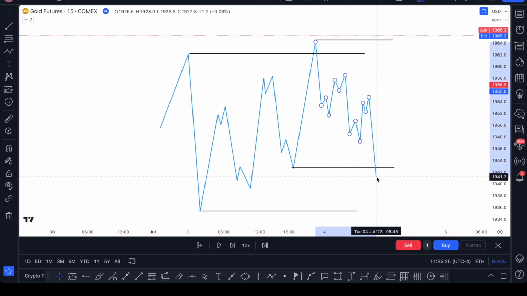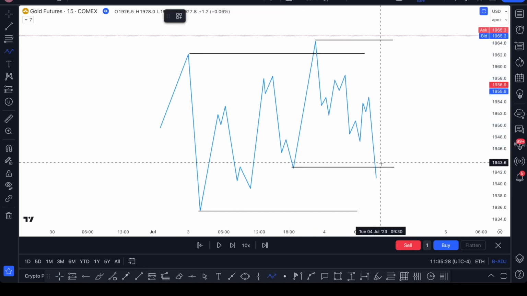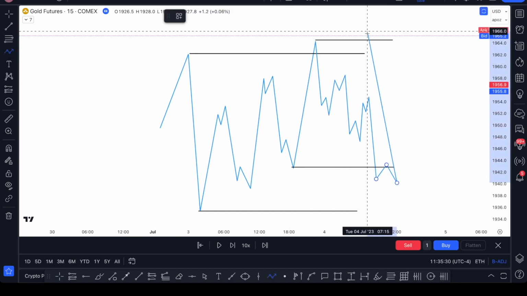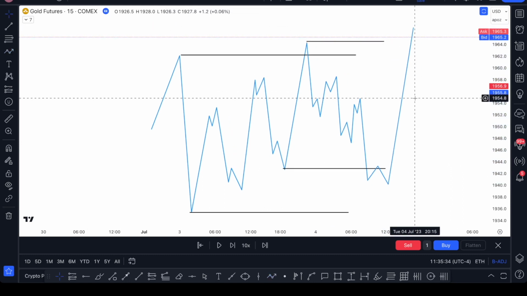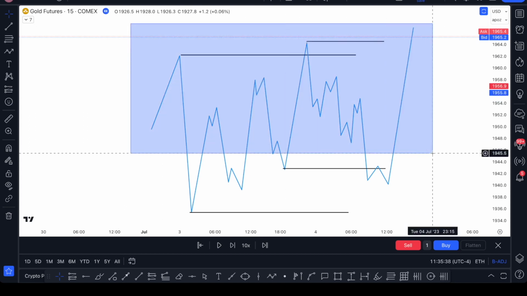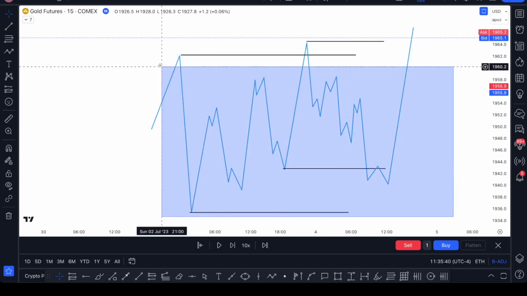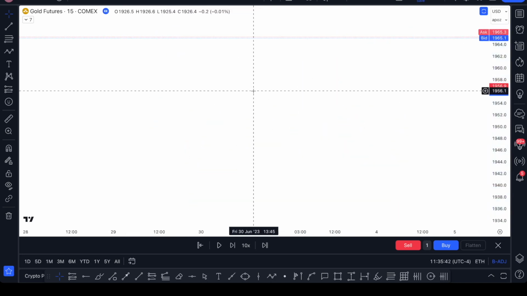So if price does this, you can just as easily go up and target this high. It is based on how price is behaving. So this is more of a reactionary approach, and also of course objective by the way we define them.